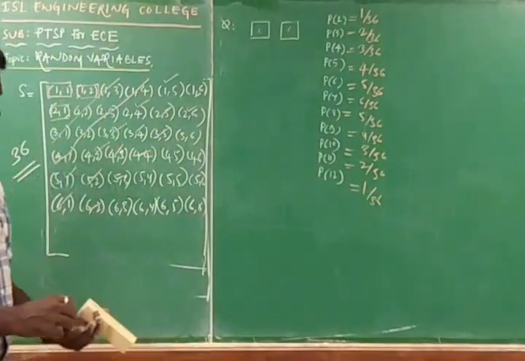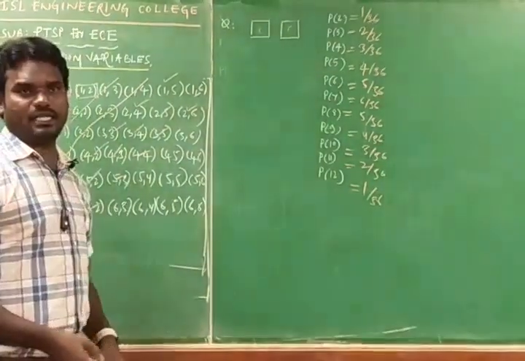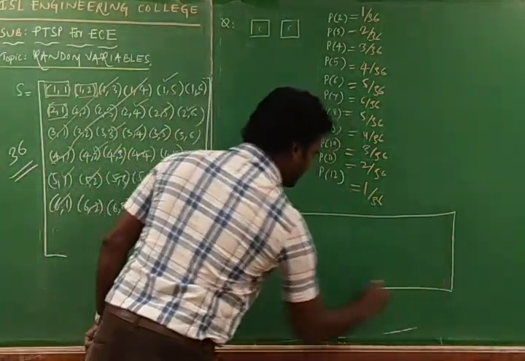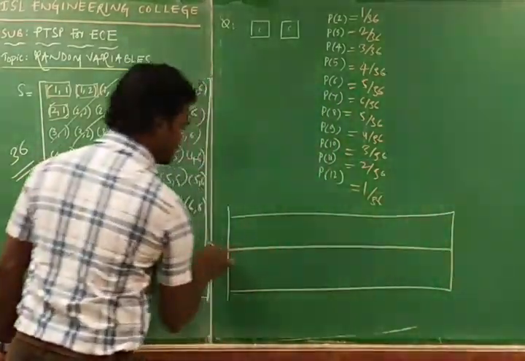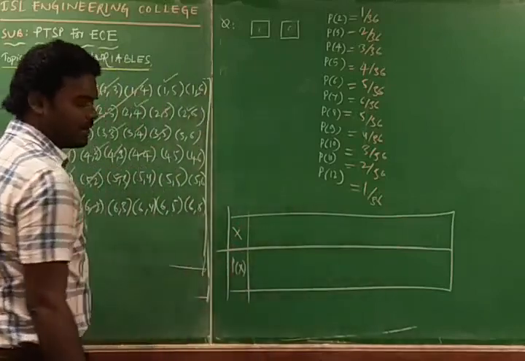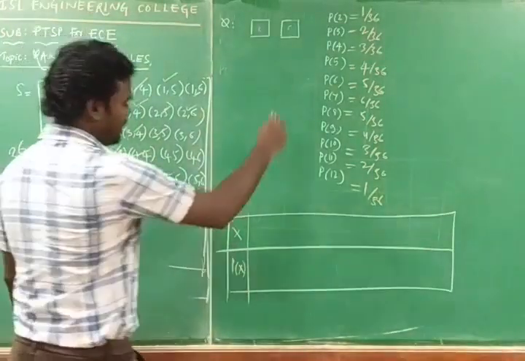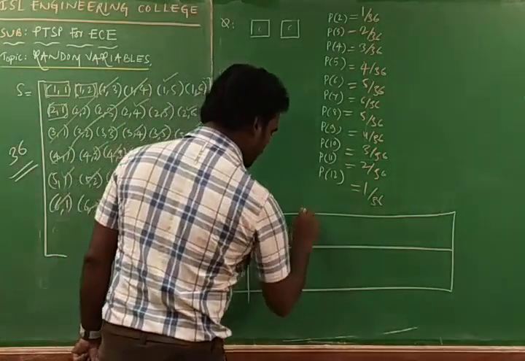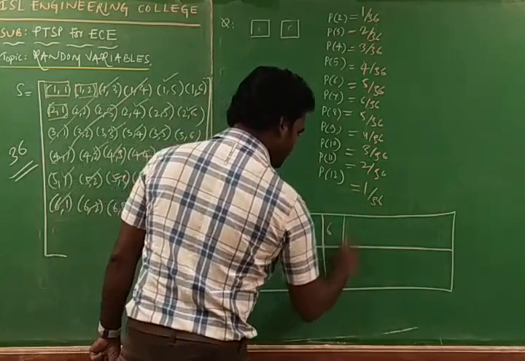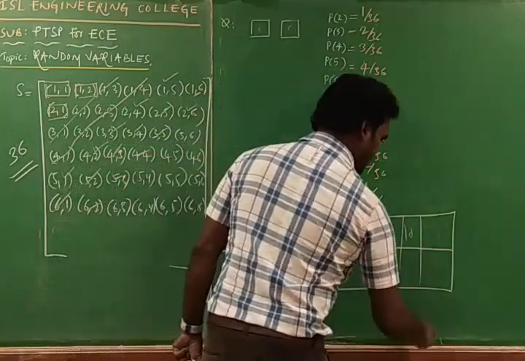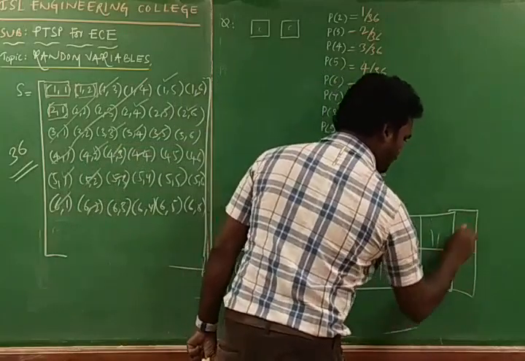Now we need to calculate the probability distribution function. It is a table of x, the random variable, and the probability of that random variable. x is 2, 3, 4, 5, 6, 7, 8, 9, 10, 11 and 12.